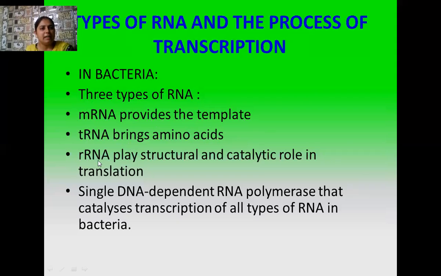And third one is ribosomal RNA. This ribosomal RNA acts as the structural and catalytic unit in the process of translation. As I have already told you, there is only a single DNA dependent RNA polymerase enzyme, and this catalyzes all transcriptions. That means transcription of all types of RNAs in the bacteria.